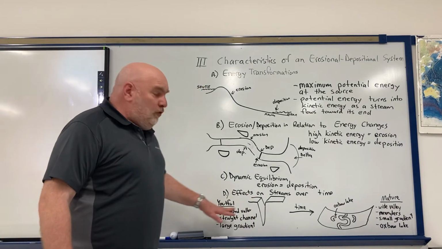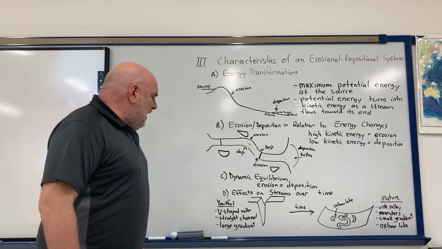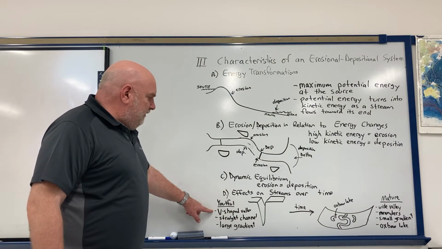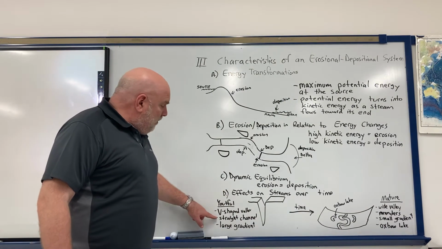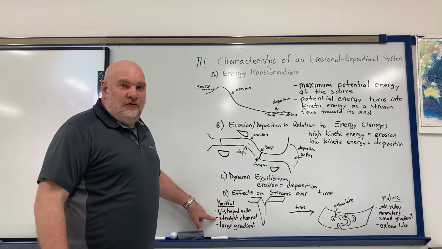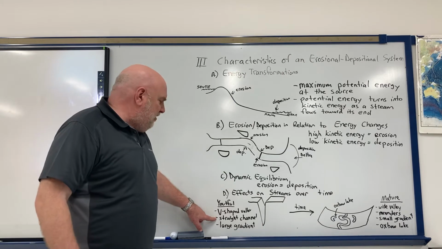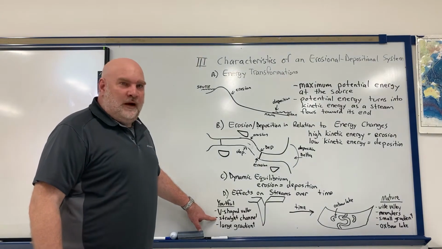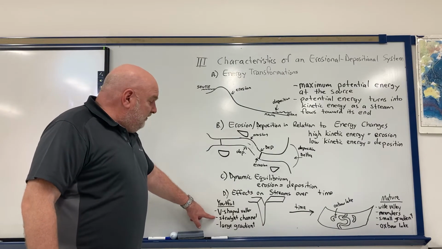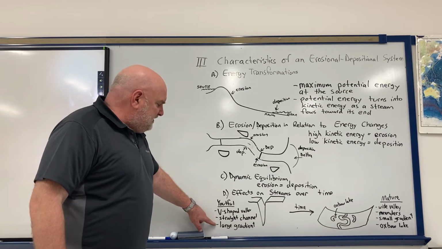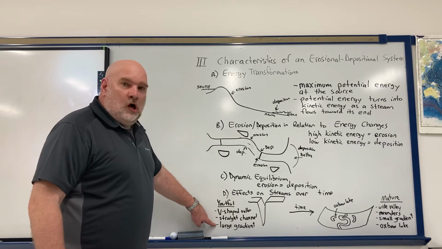Now, in the youthful stage, not only do streams have V shapes to them, but for the most part, the water travels pretty much in a straight line. There may be a couple bends here or there, but for the most part, it's in a pretty straight line. And the reason for that is in a youthful stage, there is a pretty large gradient.